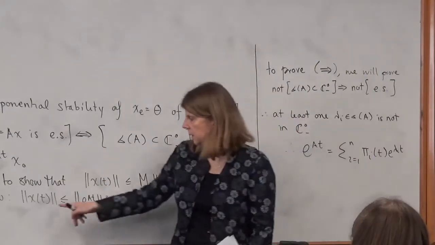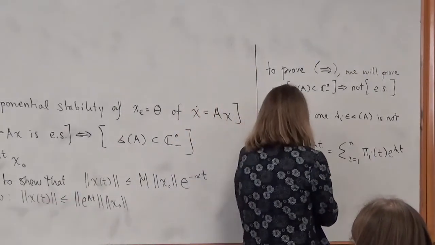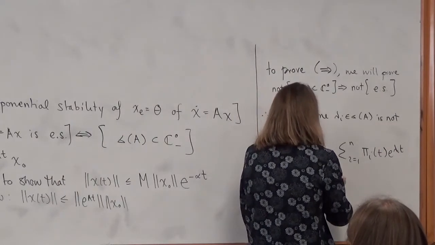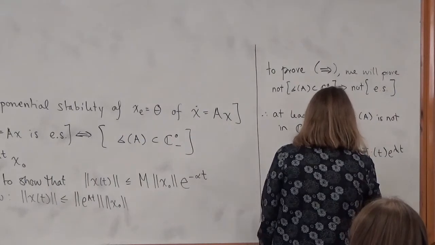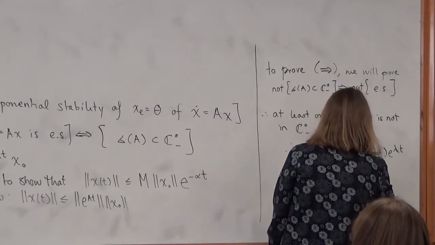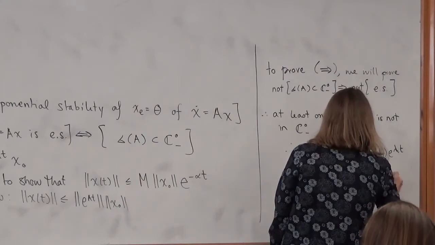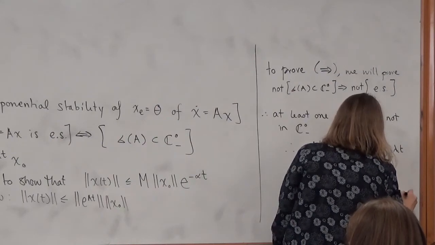And so there's no way that this is going to decay to 0. The norm of x(t) is not less than or equal to M times the norm of x0 times e to the minus alpha t for any M.